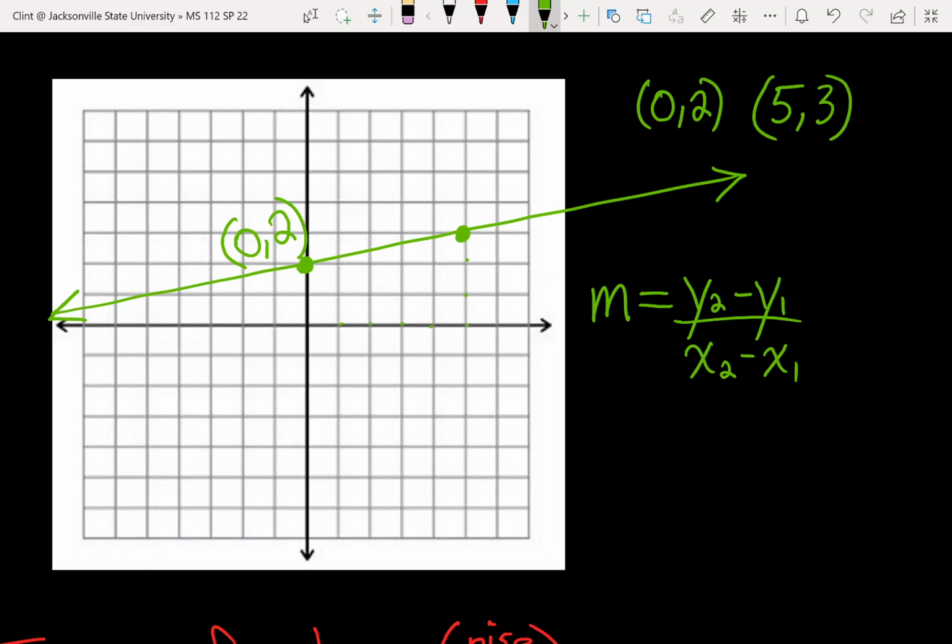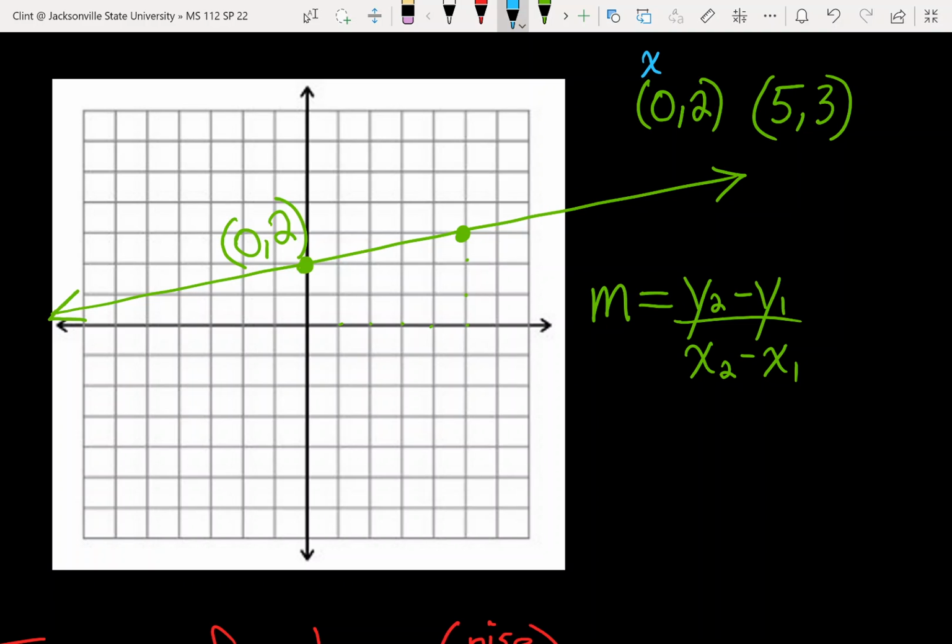Okay, so it's a good habit. You don't have to do this, but it's a good habit to label your points, because when we're plugging into the formula, it doesn't matter which one you call point 1 and which one you call point 2. But what we don't want to do is change our mind in the middle of the problem. We'll end up getting the wrong numbers in the wrong spots.